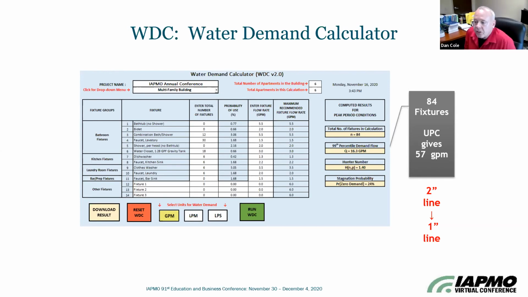Whether it's a separate system or even a combined system, if it's a combined system, you would have to add the demand of the sprinkler system to the estimate calculated by the calculator. So for example, this example that we have on screen right now, for the plumbing fixtures, the calculated flow rate is 16.3 gallons per minute. You would have to add to that the demand required by the sprinkler system in a combined system.